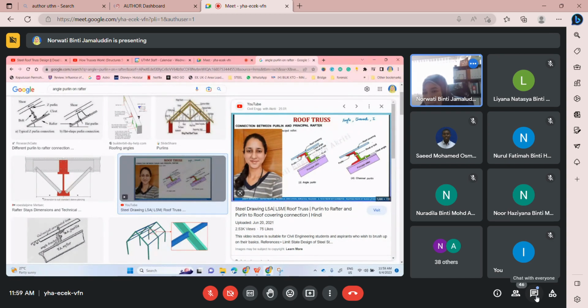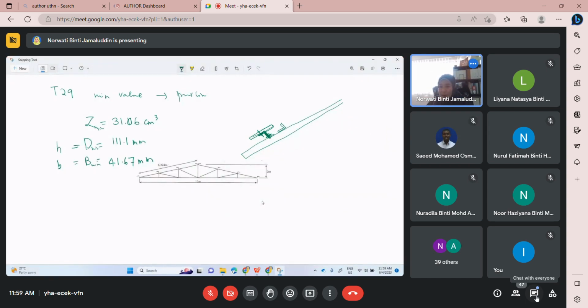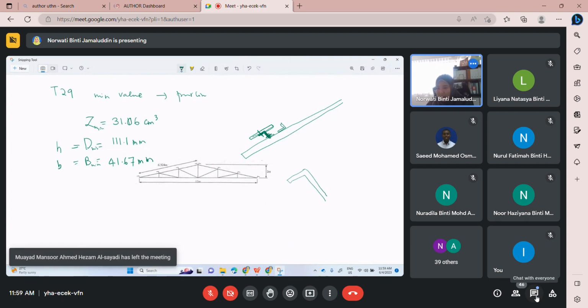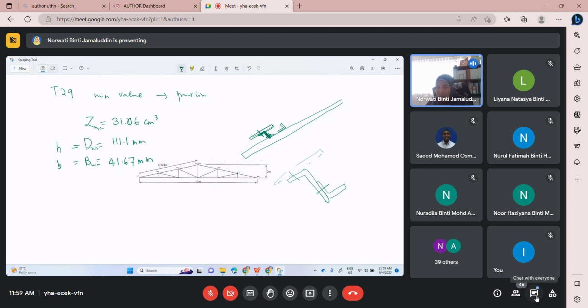Okay. So, this is the arrangement of your purlin. Okay, then we need another small element attached, and then attach your roofing. Okay. Can you imagine where is the bending axis?